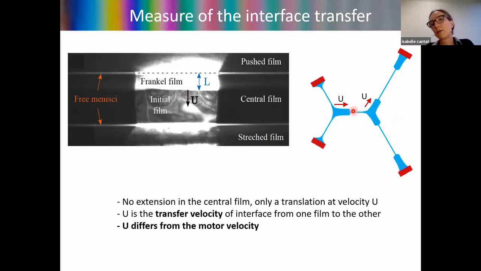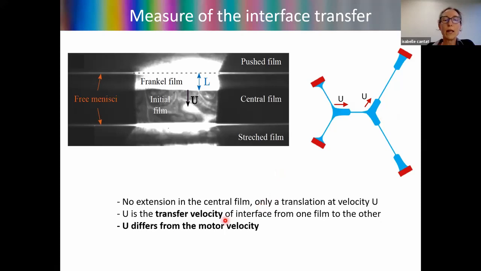Here the interface is pushed in this direction, slides over the meniscus and is extracted on the other side. So actually the velocity of this frontier represents the velocity of the interface going from one side of the meniscus to the other side.